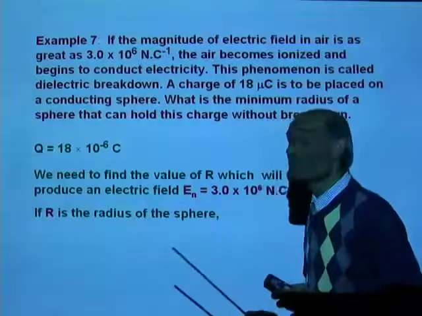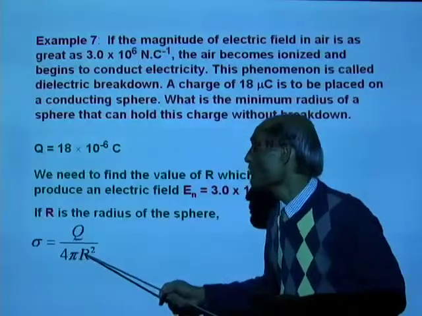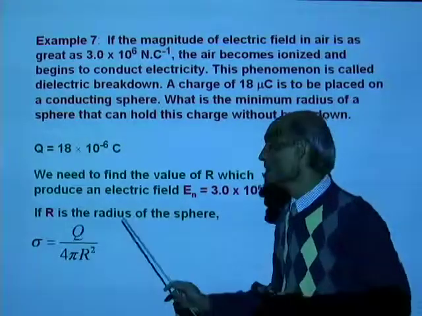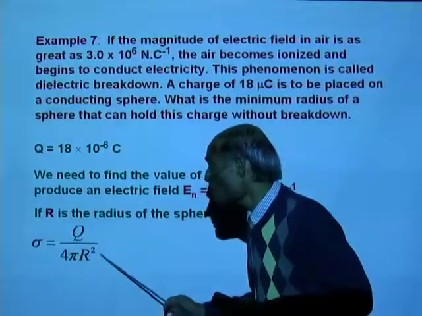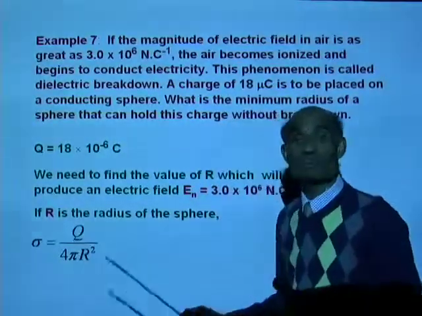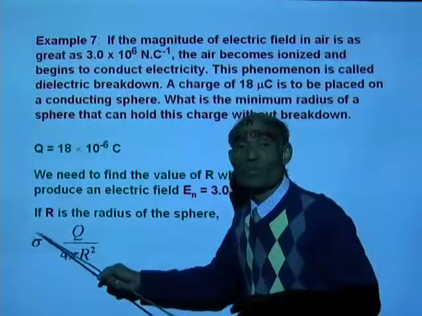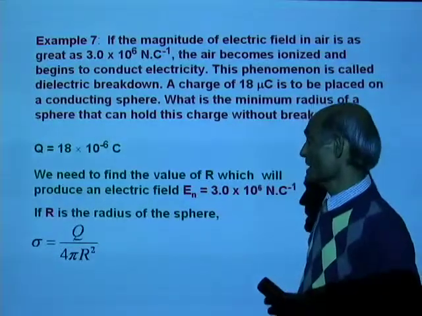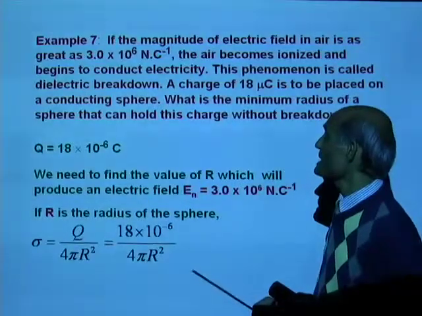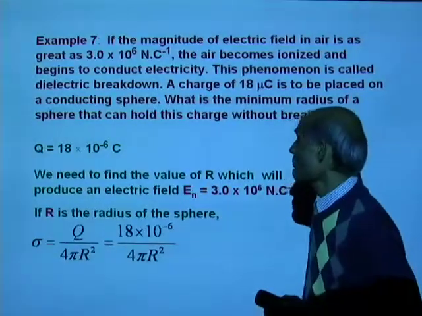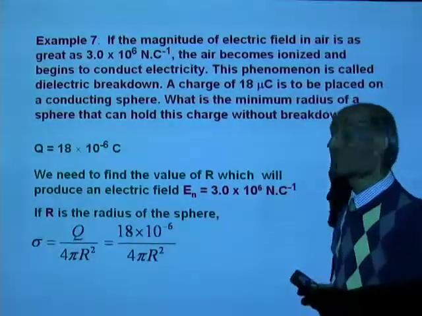If r is the radius of the sphere, then sigma equals q over 4 pi r squared. If q is the total charge on the sphere, then the area of the sphere will be 4 pi r squared. The total charge divided by the total area will be the surface charge density. Now, q is 18 times 10 to the negative 6 divided by 4 pi r squared, and that will be the surface charge density.